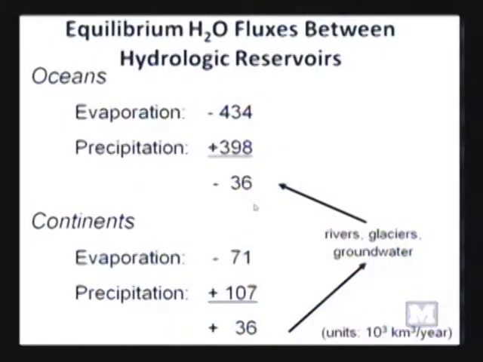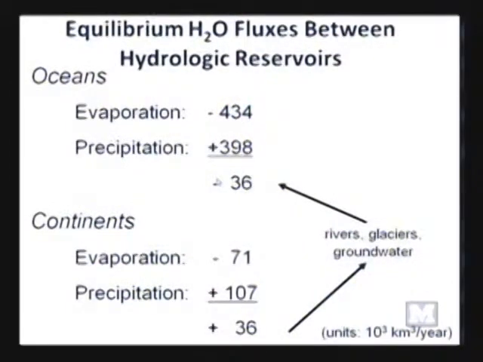That deficit is in the atmosphere and it comes over the continents, and some of that falls as precipitation on the continents. So if we turn our attention to the continents, the continents also are losing water by evaporation, but they get more than they lose from precipitation, and the balance, or the excess for the continents, is exactly the deficit from the oceans.